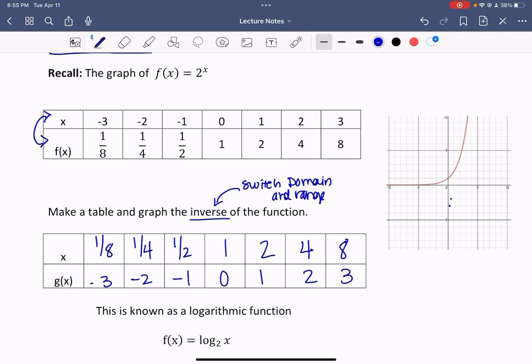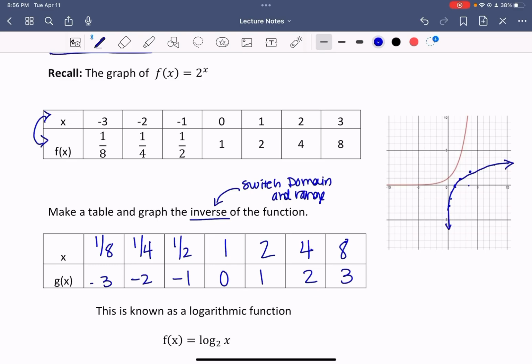X equal to 1/2, I'm now at negative 1. 1, I'm at 0. 2, I'm at 1. 4, I'm at 2. And then over here at 8, I'm at about 3. So you can see this is what this graph is starting to look like.